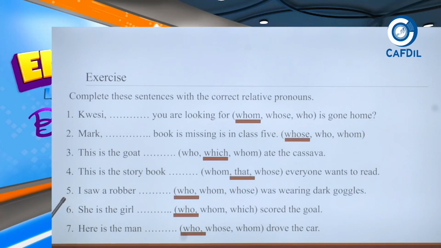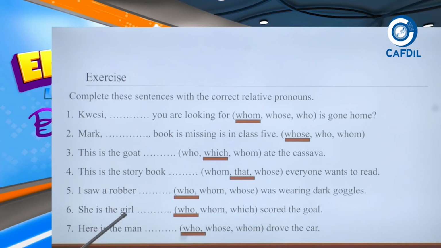Again, number 5. I saw a robber. We chose who was wearing dark goggles. So here again, who was the right relative pronoun to choose. 6.